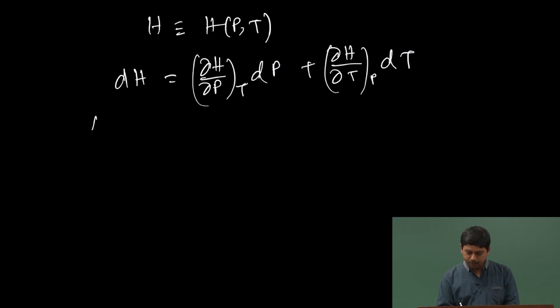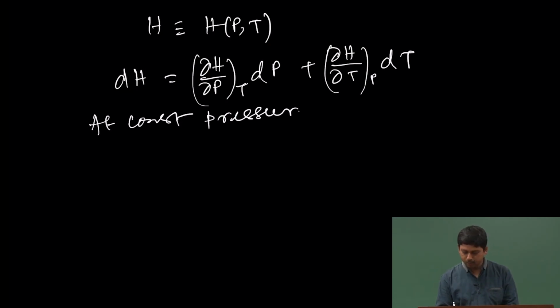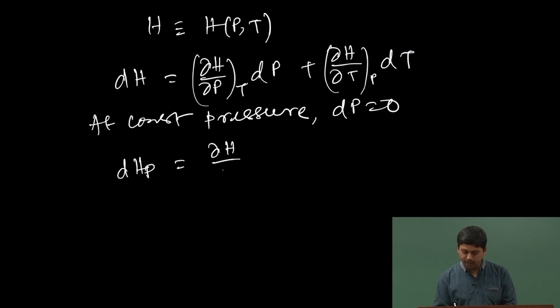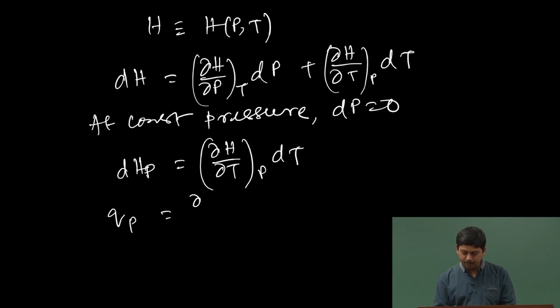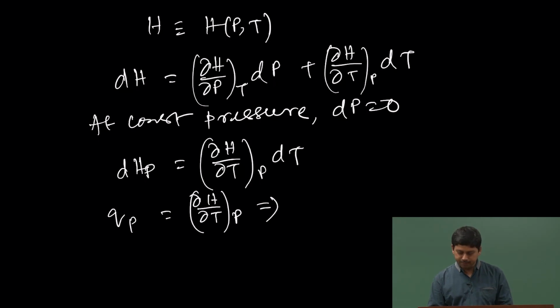Now, at a constant pressure, dP equals 0, and therefore, dHp is nothing but del H by del T at constant P dT. Now, we know that specific heat Cp is del H by del T at constant P, right. So, therefore, we can write that dHp is Cp dT.